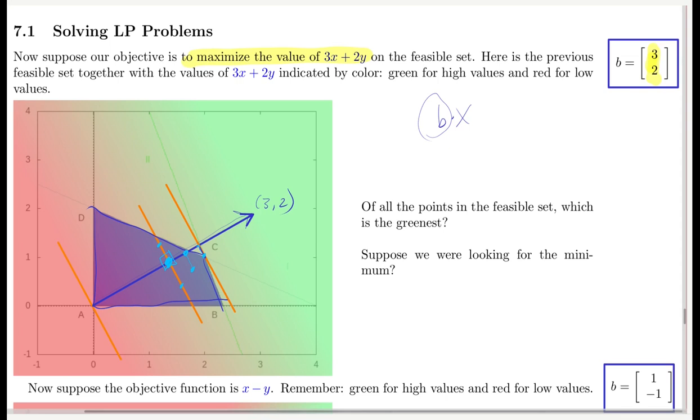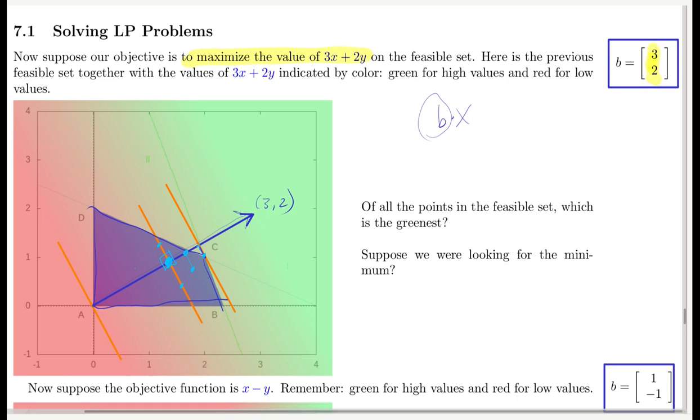The orange lines here are lines that are perpendicular to the objective vector B, and all the points on those orange lines have the same projection, so they all have equal objective values, right? They all produce the same value for the objective function. We want to pick a point that corresponds to the orange line that's farthest out in the direction of the objective vector.